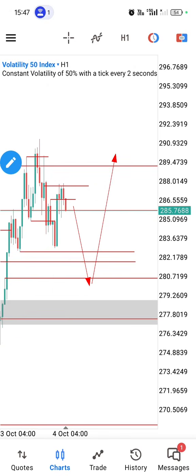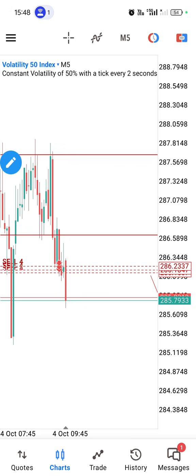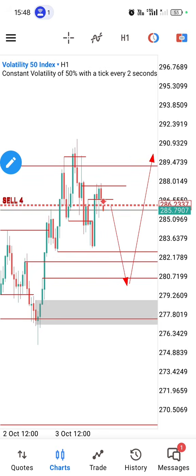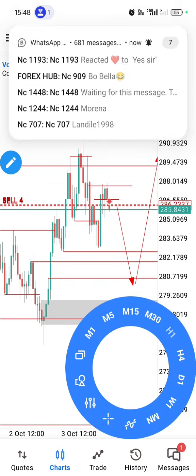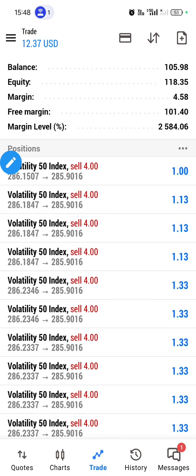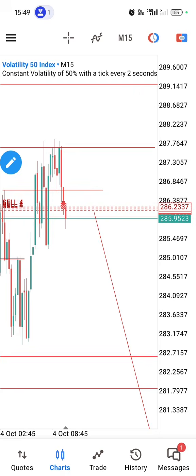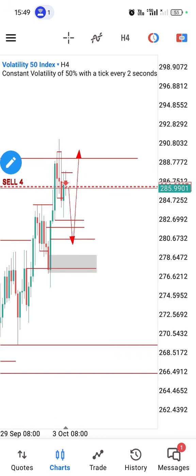The main reason I was selling is because of that imbalance, and I was also suspicious of it respecting the 4 hour order block or the 1 hour order block. So I had already placed my sell positions, and we have to see what happens after quite some time.